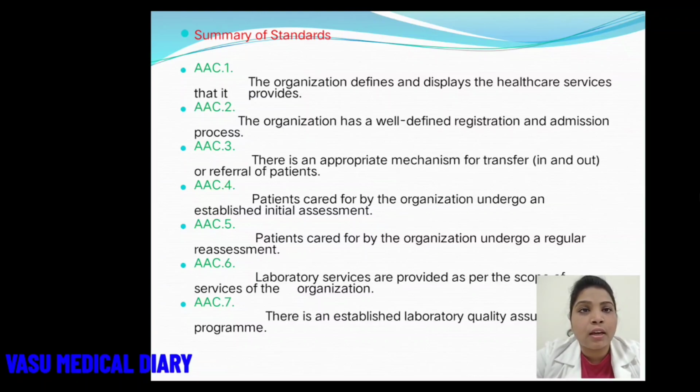AAC 2 is that the organization has a well-defined registration and admission process. If a patient comes to reception, there should be a documented policy saying that the patient will come to the admission counter, then be given a general consent form and the self-registration forms to be filled. Some hospitals have a kiosk where the patients enter their registration themselves. Some hospitals have manual papers where they write and document all the demographic data.